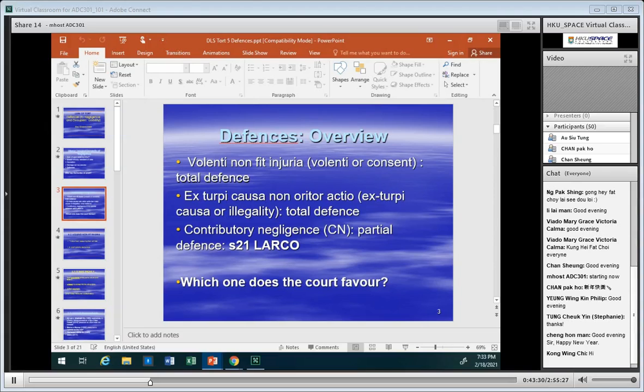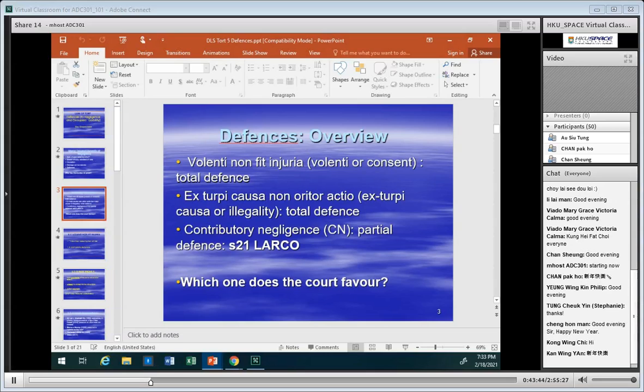And it's very strong evidence, and not only that, the burden of proof is reversed and put on the defendant. So that's Section 62 of the Evidence Ordinance, and of course Section 21 of LACO, which we're going to go through tonight, is also must-know.